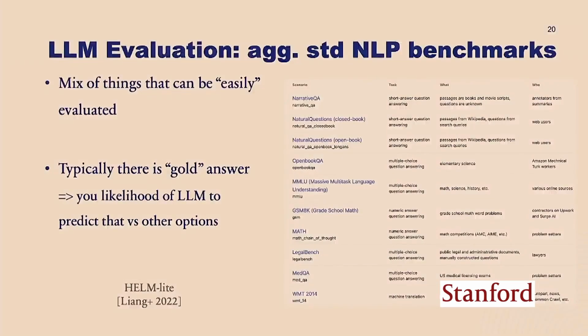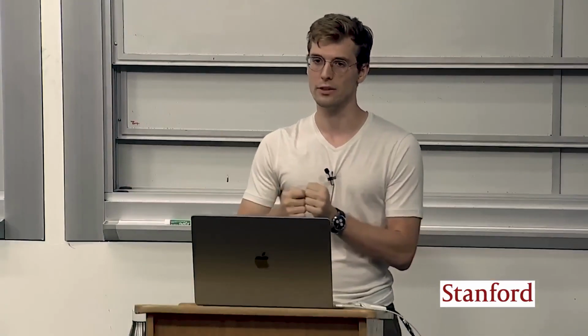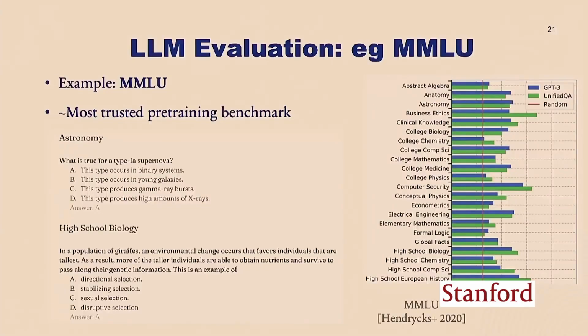The benefit with question answering is that you usually know what the real answer is. The way that you evaluate these models, and I'll give you a concrete example in one second, is that you look at how likely the language model is to generate the real answer compared to some other answers. That's essentially, at a high level, how you evaluate these models. To give you a specific example, MMLU is probably the most common academic benchmark for LLMs.